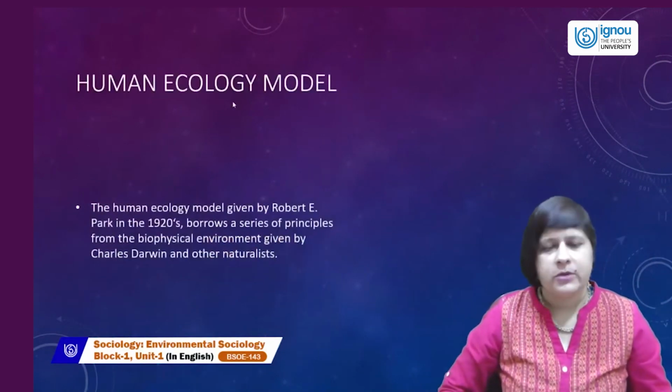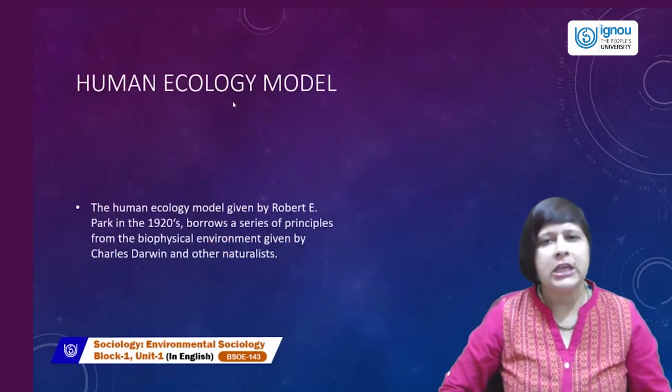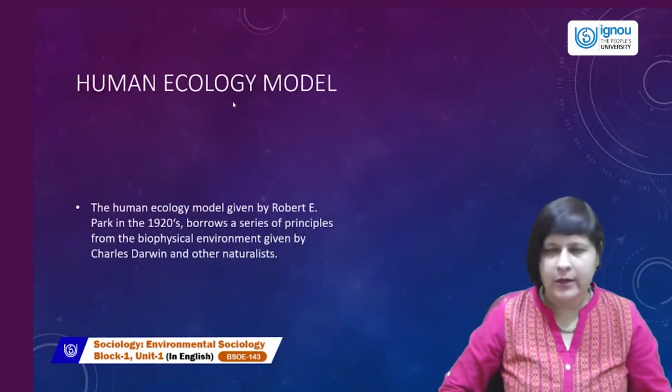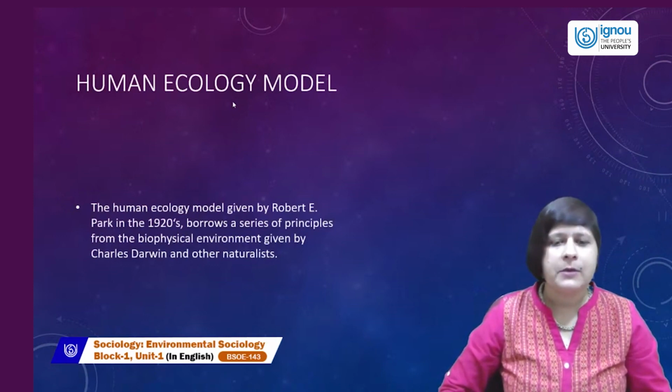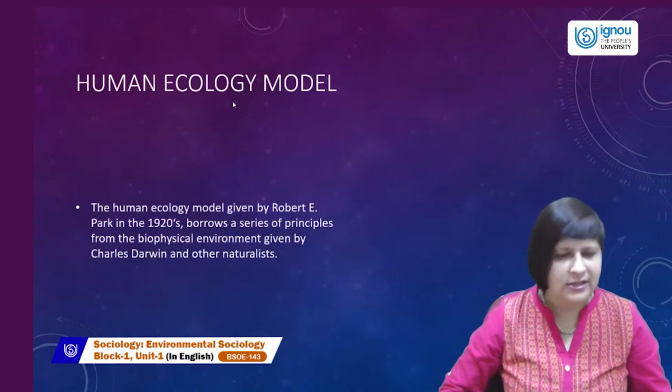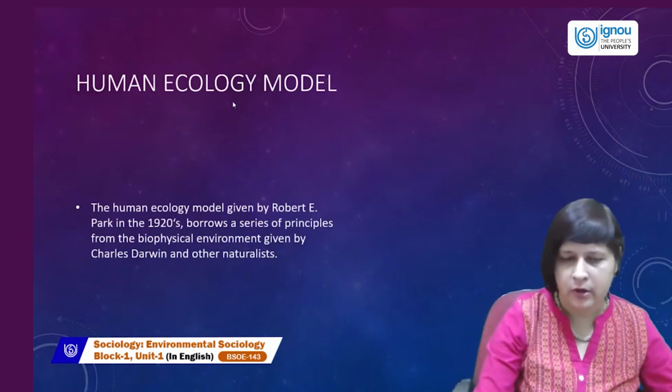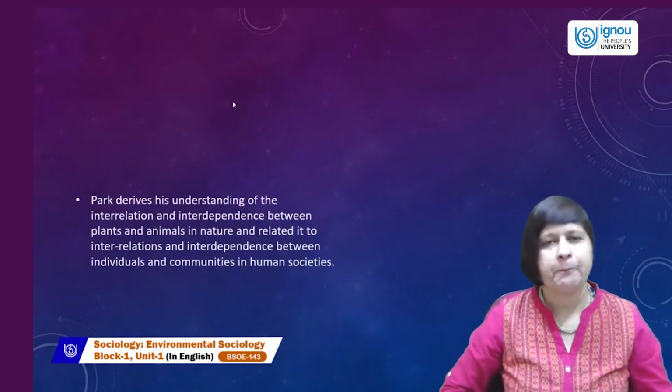The human ecology model was given by Robert E. Park in the 1920s, and he borrowed the principles for this model from Charles Darwin's biophysical environment.